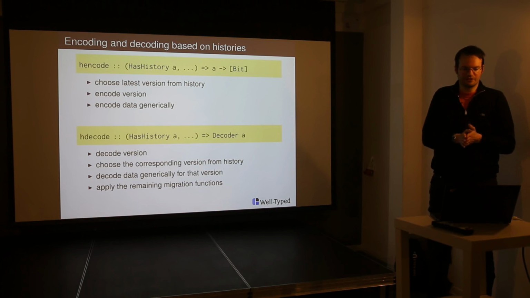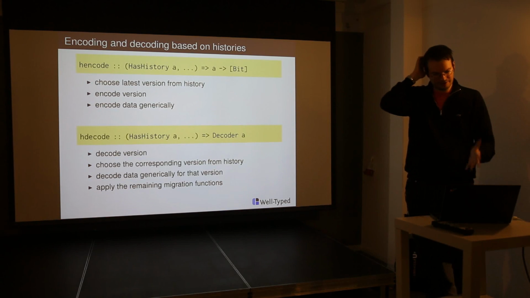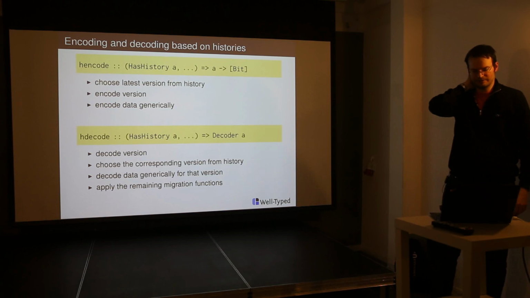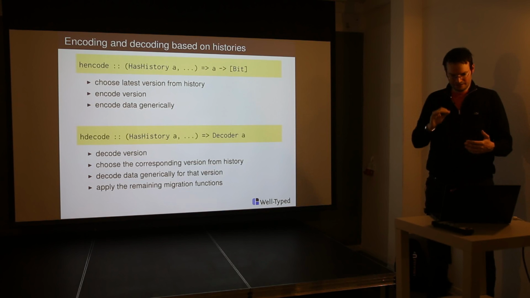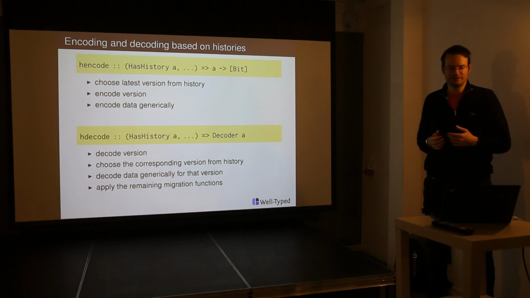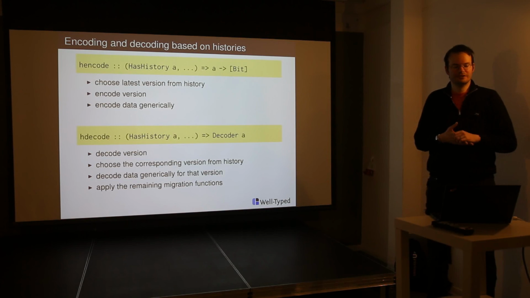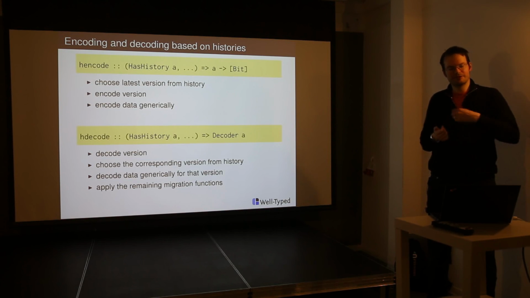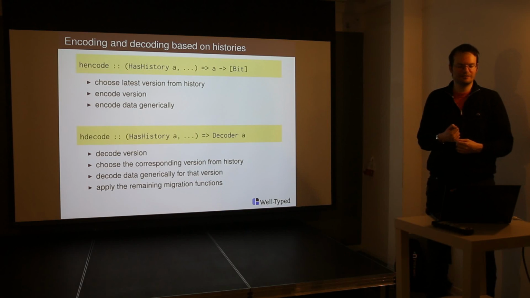So a very straightforward example that we have actually thought about, that is even in the original paper about generics SOP, is something that doesn't really compute with the codes, but computes based on the code. So if you want to define something like a generic validation function, you might want to parameterize the generic validation function with specific validators for each of the fields of a data type.